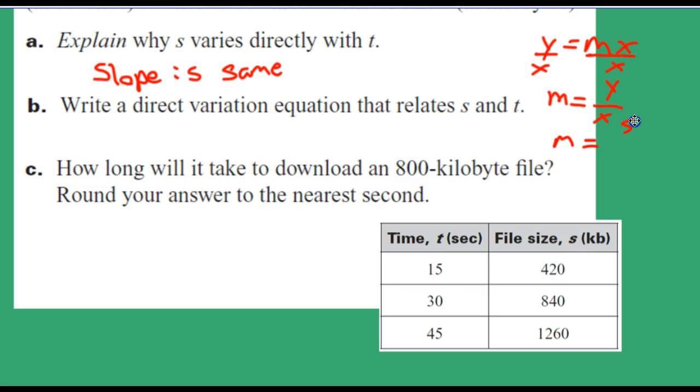It should be s over t. So s over t, we're going to have 420 divided by 15. Let me take my calculator out and see what 420 divided by 15 is. 420 divided by 15 gives us 28.